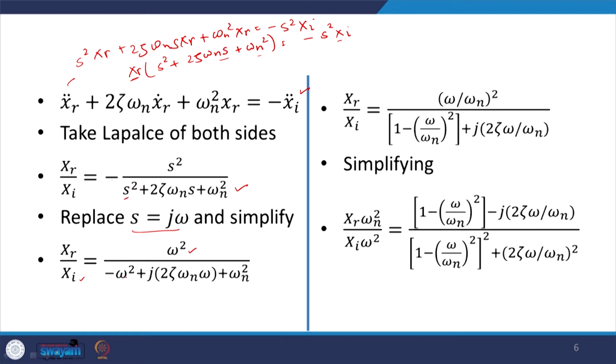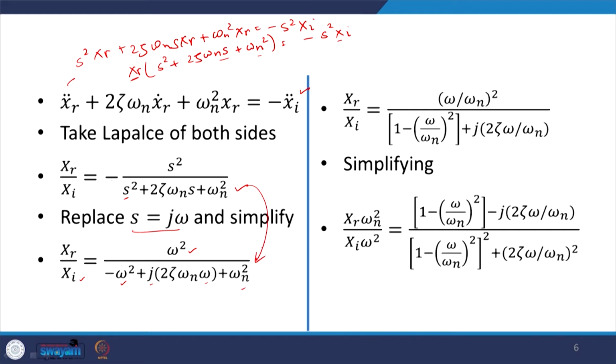In the denominator, s square will be j square omega square, and that j square is minus 1, so we have minus omega square here plus 2 zeta omega n, and s is j omega, plus omega n square. So, this is how I get from this to this equation.